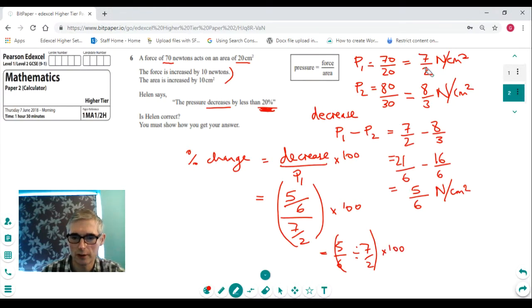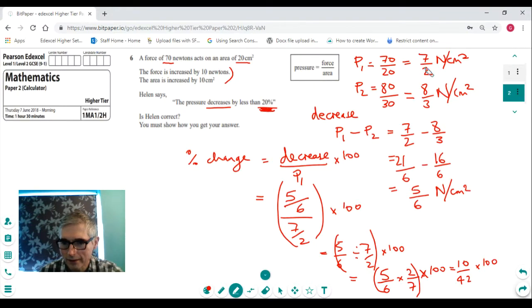but that would become, flipping the second fraction and changing the sign to times, 5 over 6 times by 2 over 7, which is still times by 100, which will give me 10 over 42 times by 100.